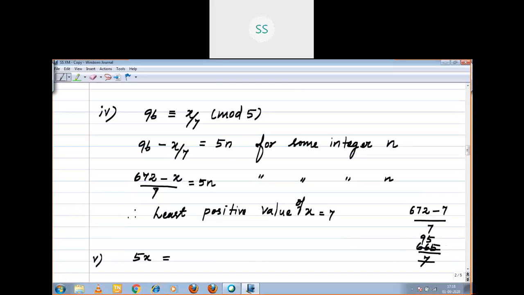5x congruent to 4 mod 6. How can you write it? 5x minus 4 equal to 6n for some integer n.